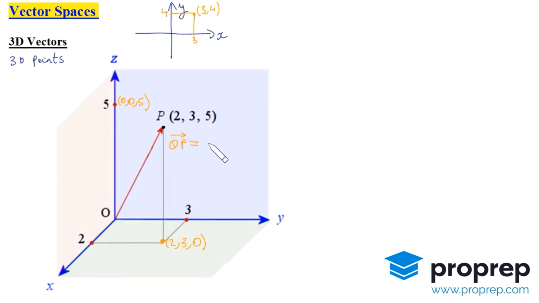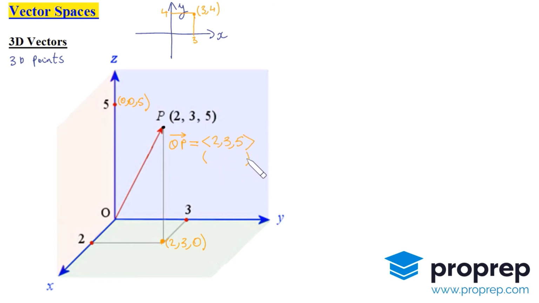And OP is denoted with angular brackets, ⟨2, 3, 5⟩. So points are written with round brackets, and vectors, which are arrows, are written with angular brackets, although I must say that some books use round brackets here also. So it's not standard. In this course we'll use angular brackets, not round brackets.